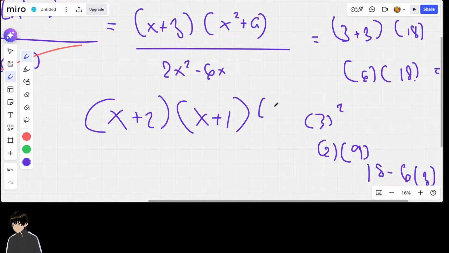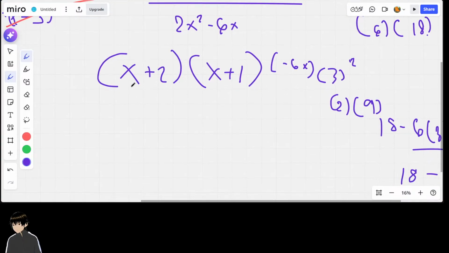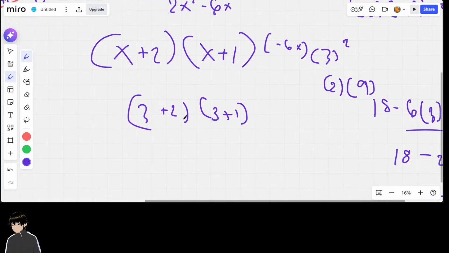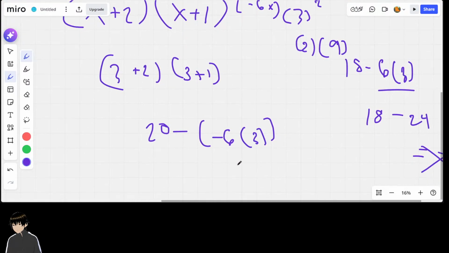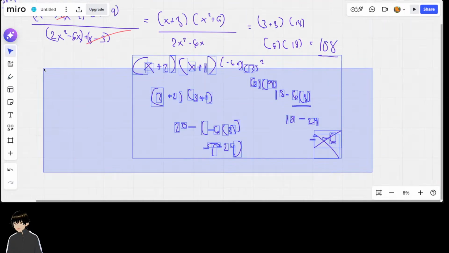Maybe I'll try it again. So if we do that, 3 plus 2 times 3 plus 1, it's going to be 5 times 4, so 20. Negative 6 times 3 is negative 18. And then you distribute it here. So that's still going to be wrong. I know the answer here is 108 over 7, but I don't know how you got there.